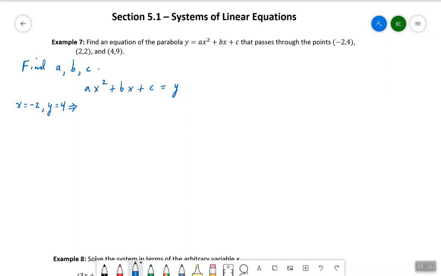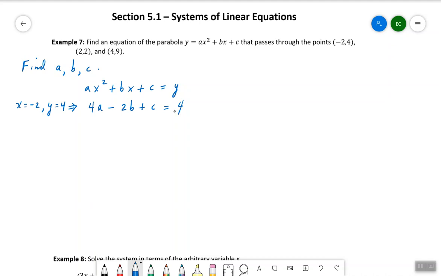And so what do I get? The -2 goes in for x and gets squared, and so -2 squared is 4, and so I have 4a plus bx. Now x is -2, so that would be plus -2b, or just -2b, plus c is equal to the y value, which is 4.